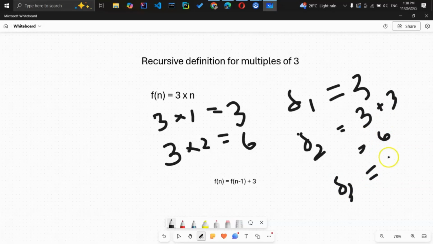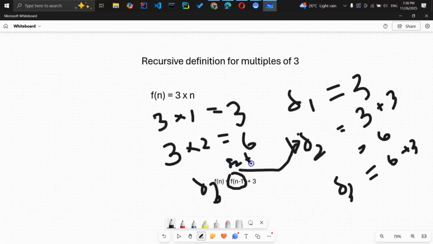The previous value is 6, right? 6 plus 3. F(n minus 1) is the previous value, right? It means if it is F3, you should get F2's value plus 3, right? Then you can get F3's value.